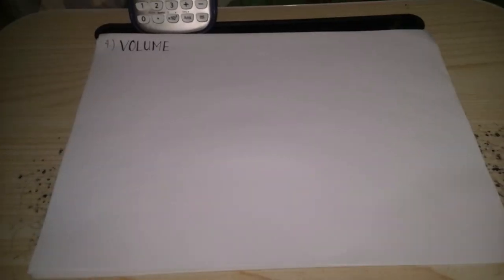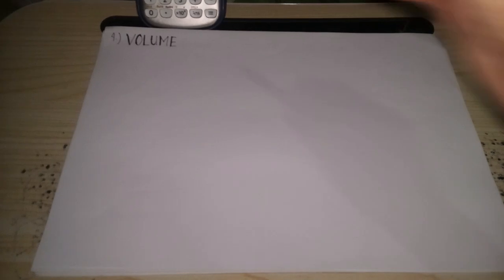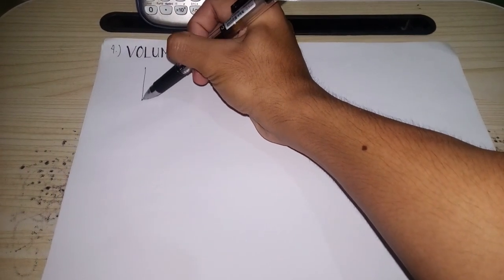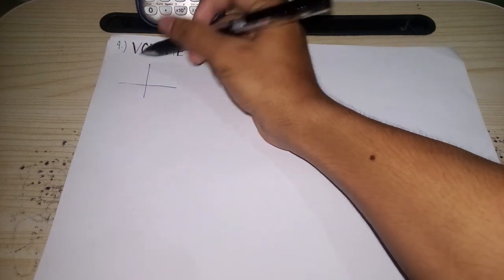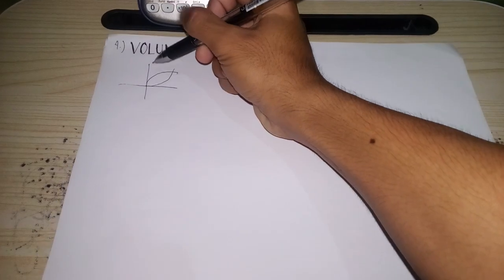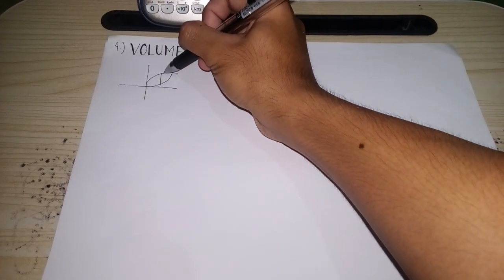So let's see. Now let's move on to solving our volume. So how should we do this? So solve for the generated volume when it is revolved about the x-axis. So let's draw our graph again. So our graph is something like this, right? So we have a strip here.